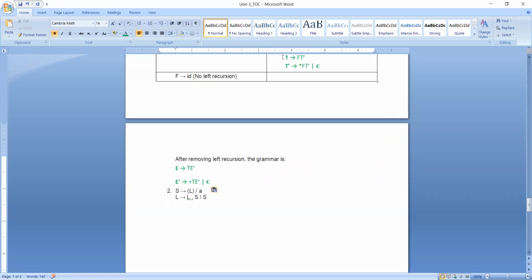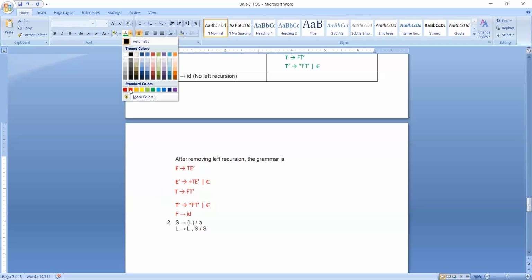Then T derives to these productions, T productions. And after that, we have a production called F derives to ID, where it has not been involved with any left recursion. Understand? So this is how we are going to remove the left recursion which is present in our given grammar.